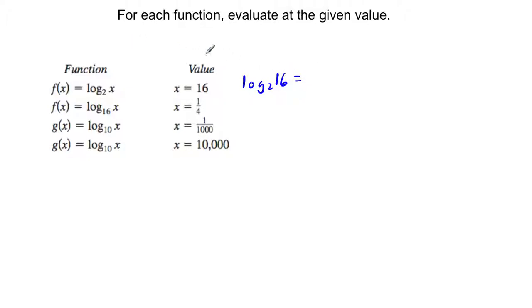However, if I ever have the base of the log the same as the base of the exponent, they cancel out to 1. So I could rewrite this as log base 2 of 2 to the 4th, since 16 is equal to 2 to the 4th. This right here reduces to 1. So I'm going to get x is equal to 4.